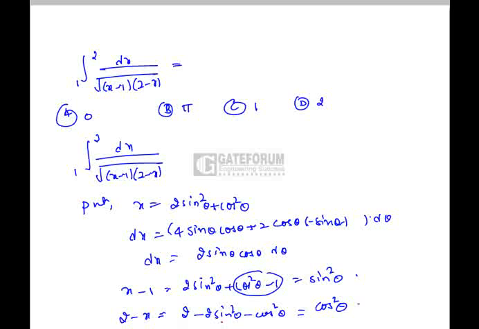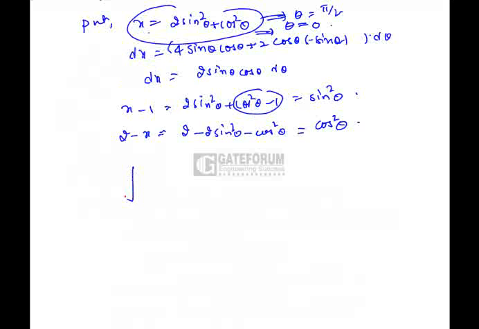And for the upper limit, if I substitute x as 2, then the value of theta will be pi by 2. And if I substitute x as 1, then the value of theta will be 0. So the lower limit will be changed to 0 and the upper limit will be pi by 2. And dx is nothing but 2 sine theta cos theta d theta, by root over x minus 1, which is nothing but sine square theta.